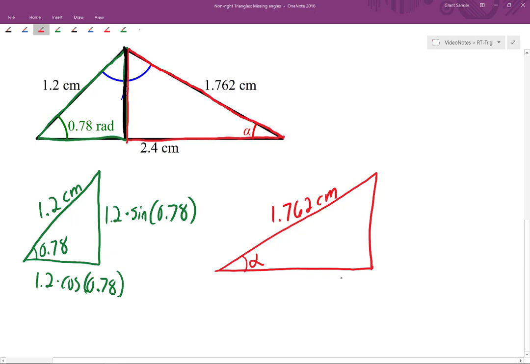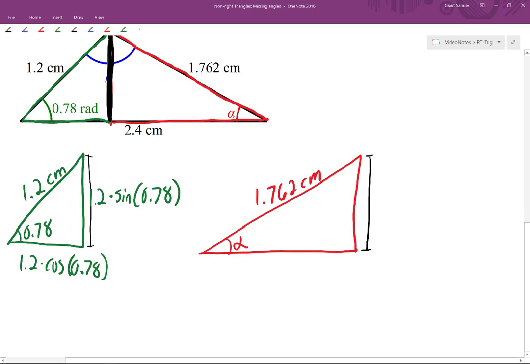But notice that the vertical side of this right triangle matches the vertical side of this one. Those two things are touching up here at this black line that we drew. And therefore, the vertical side length of this red right triangle is 1.2 times sine of 0.78. That's what we computed over here.